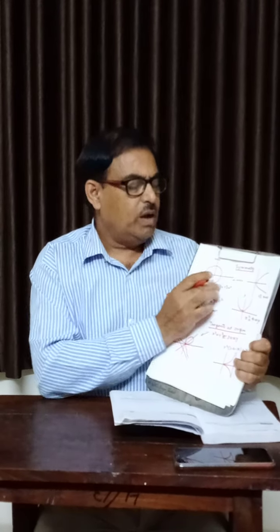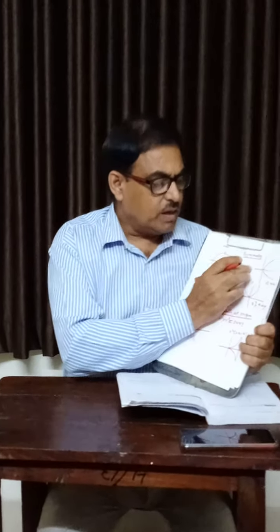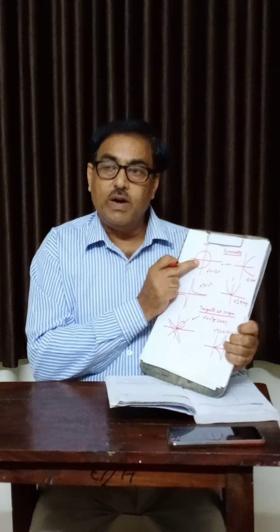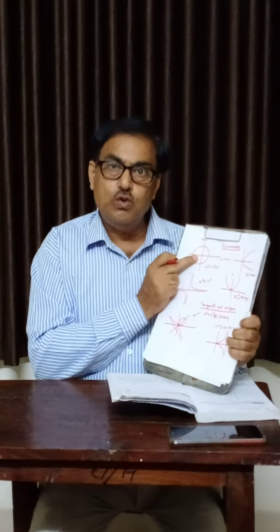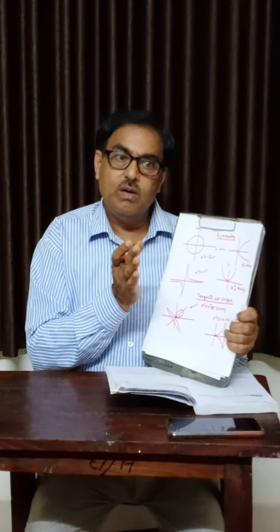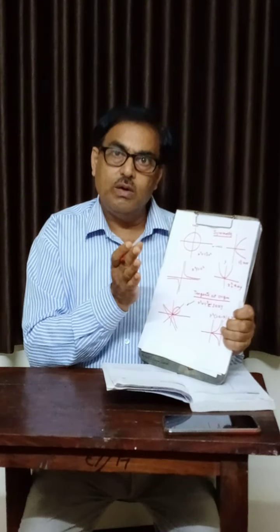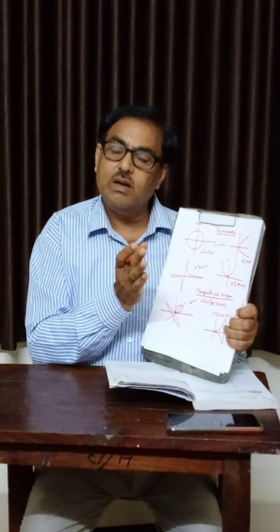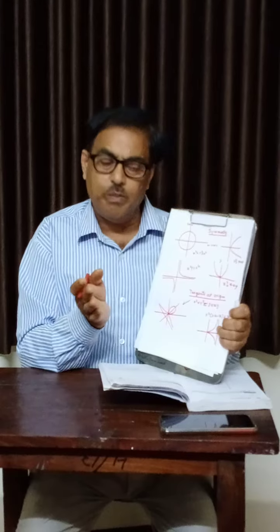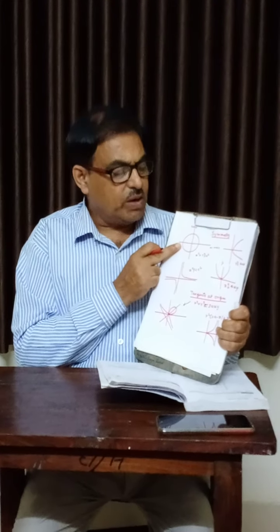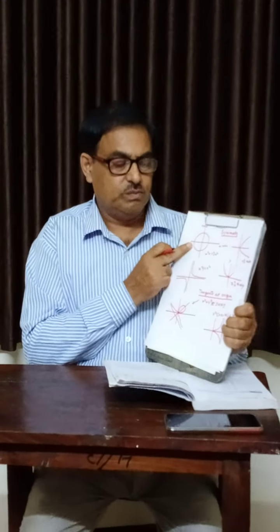So see here, it is symmetrical about the x-axis and the y-axis both. What is the use? The use of symmetry is that if we trace the curve on one side of the line about which the curve is symmetrical, then the shape and size of the curve will be the same. See here, this curve is symmetrical about both axes.